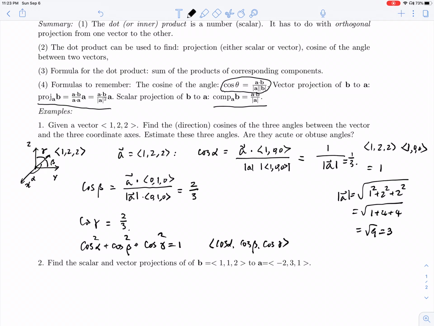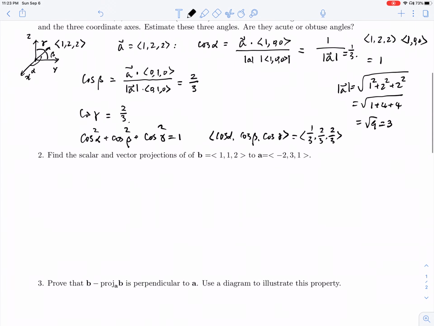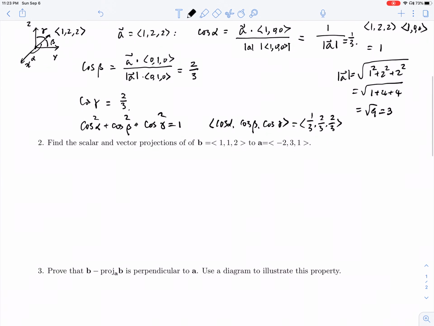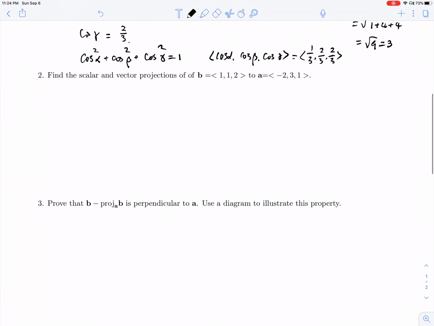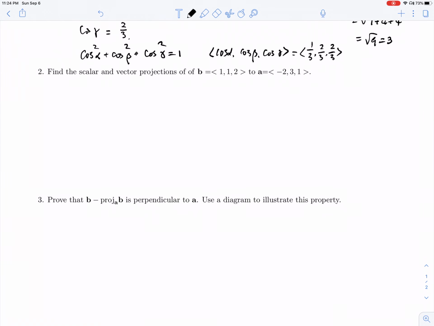So the vector we have is exactly 1 over 3, 2 over 3, and 2 over 3. It's simply (1, 2, 2) divided by the length 3, and that's always going to be true. All right, now let's pause, and then we're going to continue to do the other two problems.